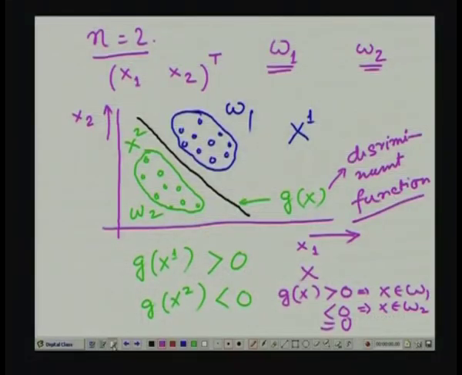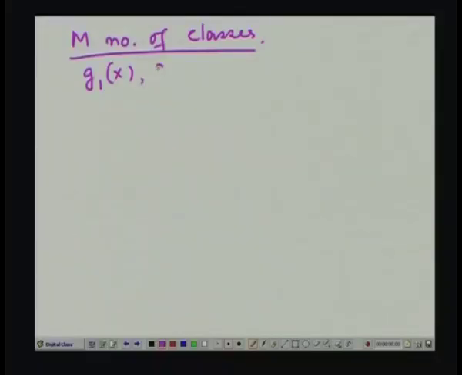Now, what happens if we have multiple classes of objects? So, suppose we have m number of classes of different objects. In such a case, the usual practice is that for every class you design a discriminant function. That means, I have a set of discriminant functions g 1 x, g 2 x, like this, up to g m x.